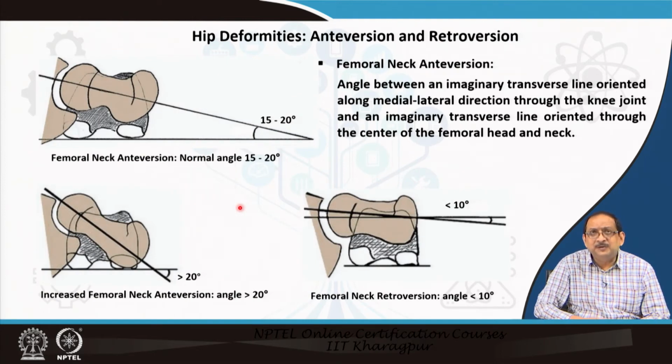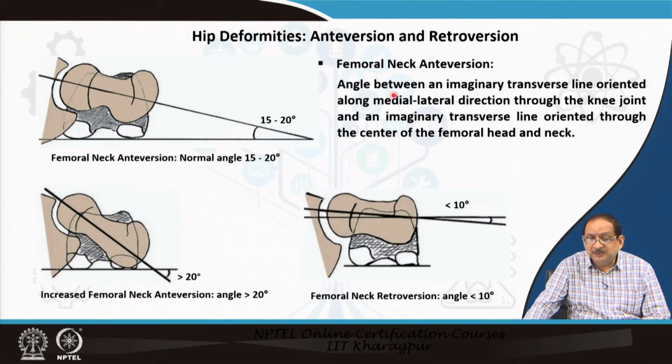The other hip deformities are anteversion and retroversion. Here also we need to look into the femoral neck anteversion angle.